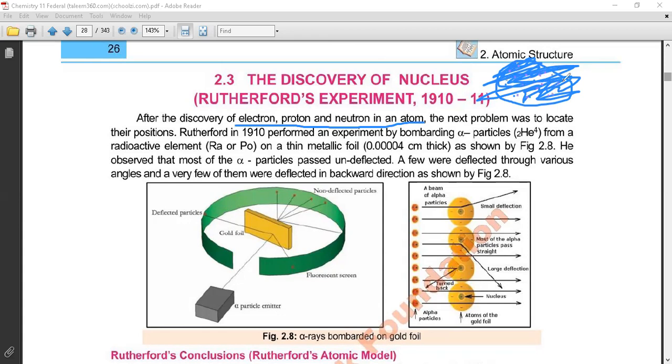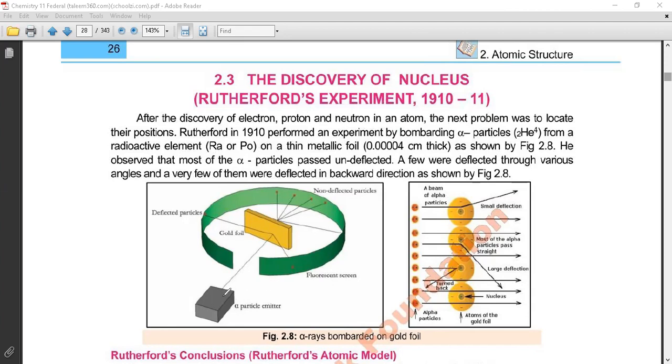There was no concept of a neutron here. This model was later denied when Rutherford gave his experiment about the nucleus and when the neutron was discovered.